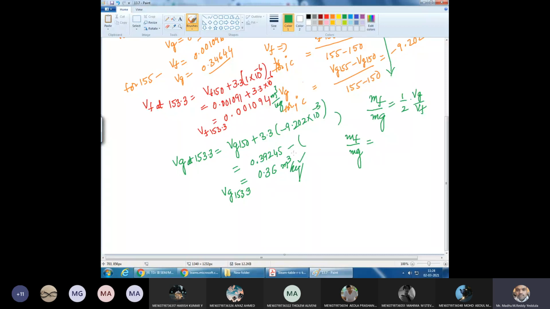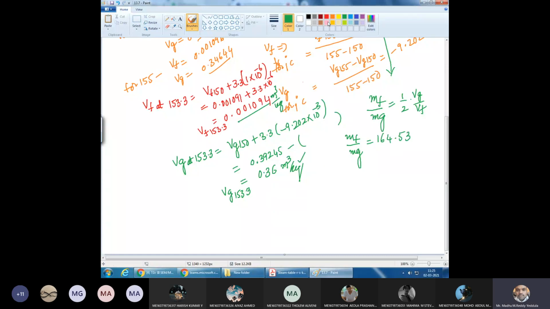Vg value is 0.36, Vf value is 0.001094, into 1/2. You will get around 164.53. Okay, MF by MG, right?